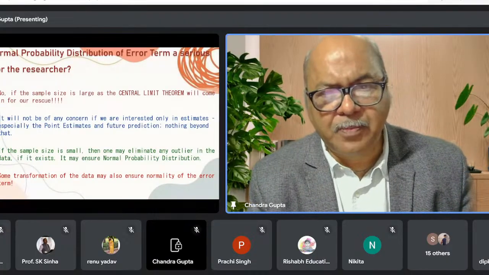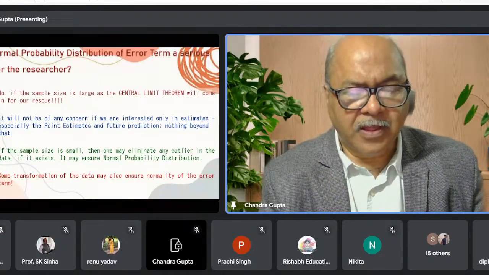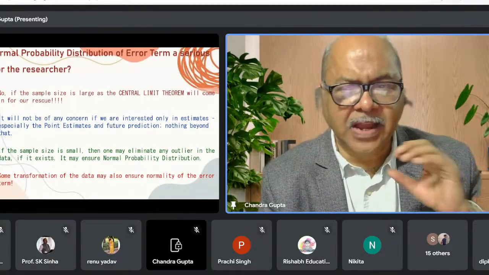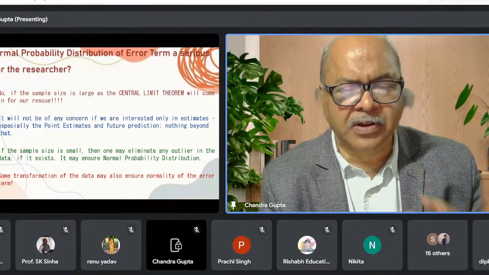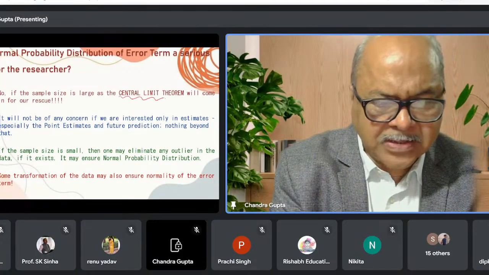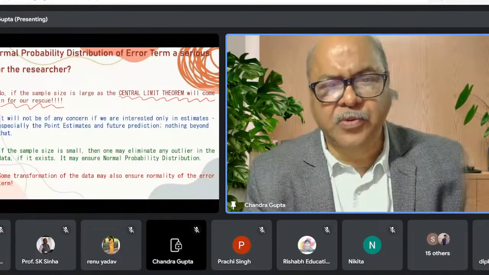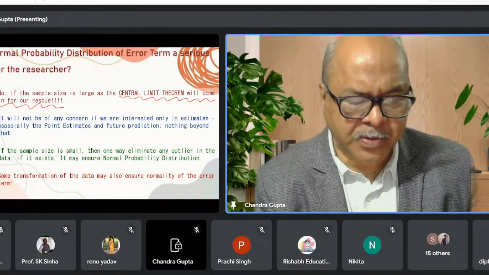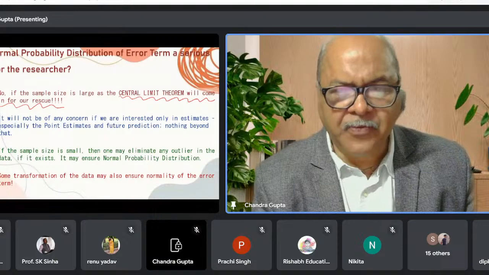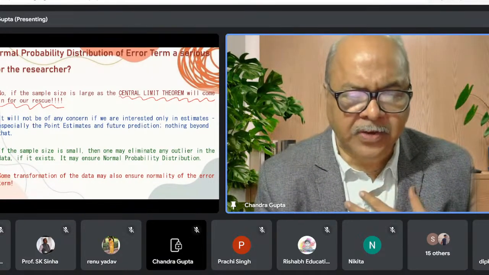So if my distribution is not a normal distribution, what should I do? If my sample size is large, I should not worry about it because the central limit theorem will apply, and that says as the sample size increases, the distribution tends to follow a normal distribution. If I'm only interested in the estimate, then normality is not a concern for me.